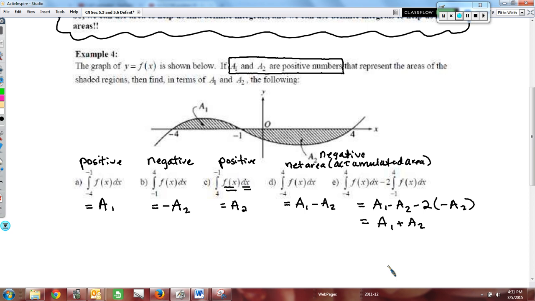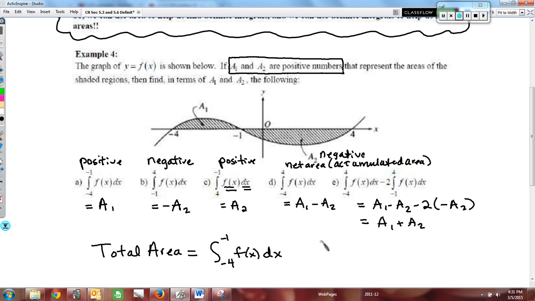Now notice that in this, none of these, well, this one sort of represents the total area, but only more by happenstance. Let's talk about if I really wanted to calculate total area, what are some things that I could be doing to calculate the total area? I could take the integral from negative 4 to negative 1 for this function, because that's positive.